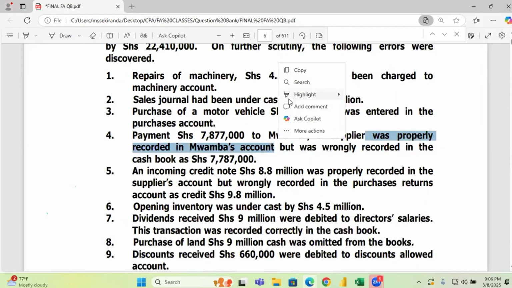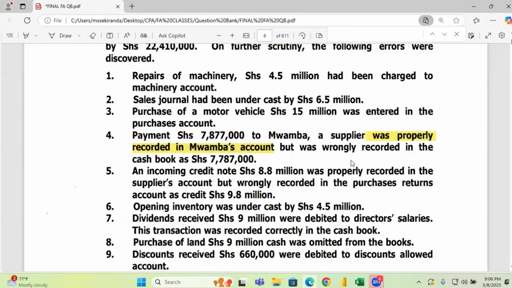So guys, when correcting this error, don't disturb Mwamba's account. The supplier's account is very okay. Altogether, according to the examiner, it was properly entered in Mwamba's account, but wrongly posted in the cash book as 7787. You realize the figure that was posted in the cash book is lower.